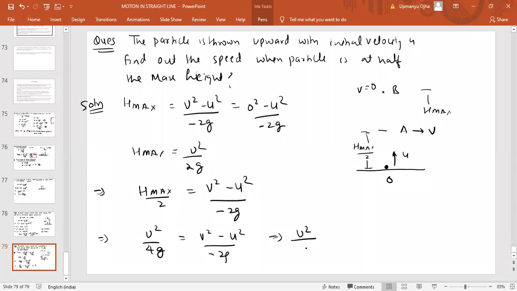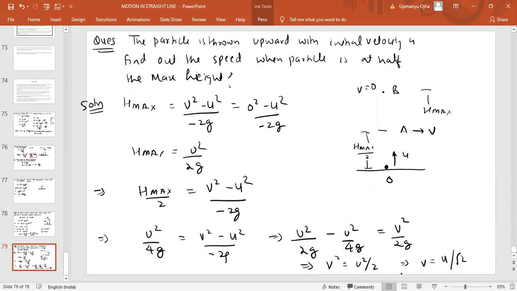U square by 2g minus u square by 4g is equal to v square by 2g. So if you solve this, you'll get v square is equal to u square by 2. So velocity at A will be equal to u by root 2.